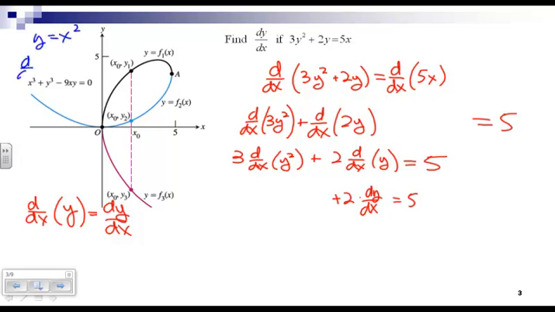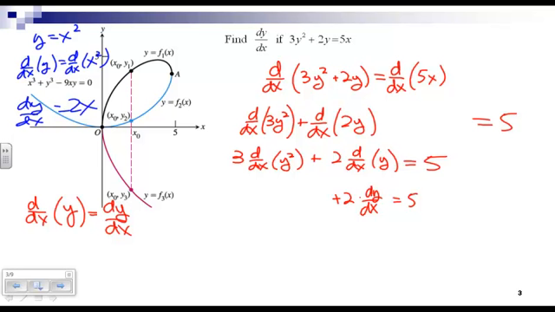Take the derivative of both sides. What do I get when I do that? I get dy dx. How different is it? Not at all. Huzzah. Got it? So that part, what we just did, is no different than what we did before.